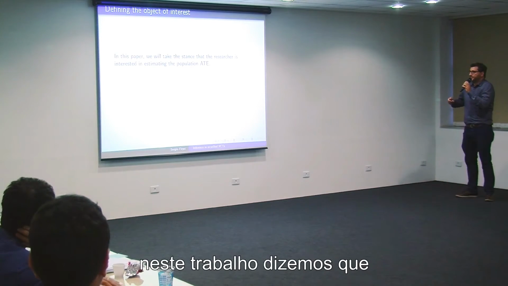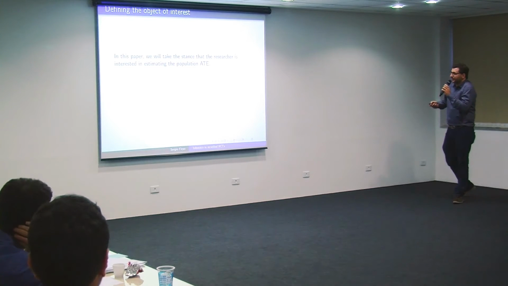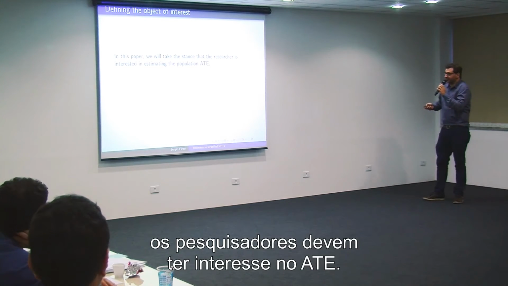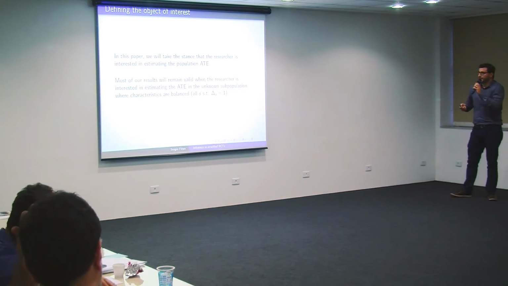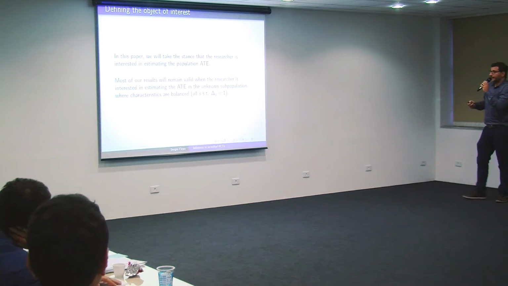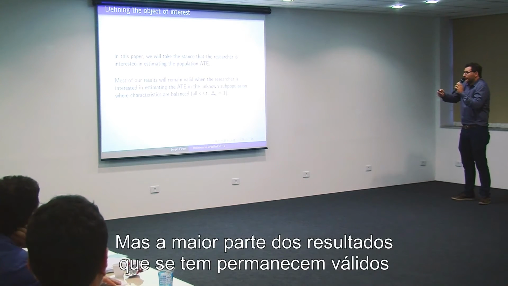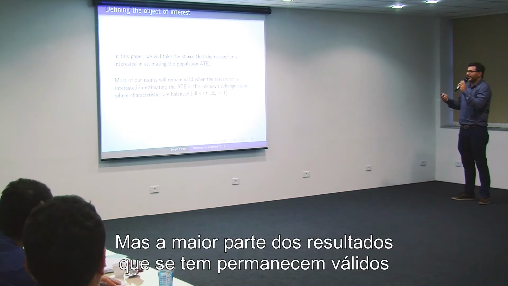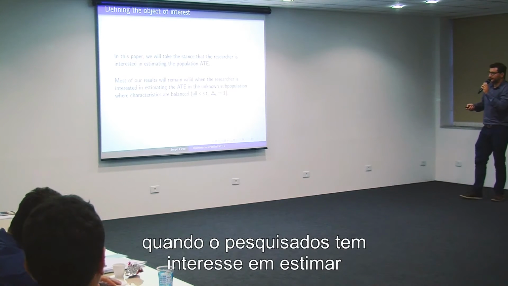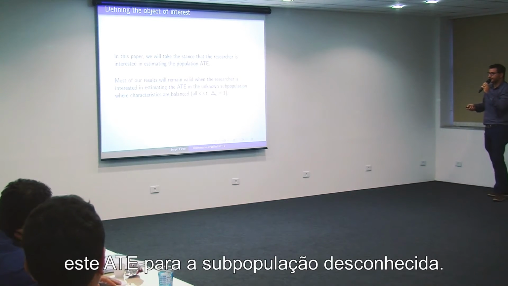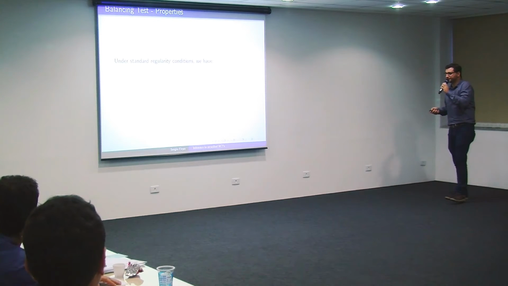So in this paper we say that the researcher should be interested in the ATE. But most of the results that you have will remain valid when the researcher is interested in estimating this ATE for the unknown subpopulation.